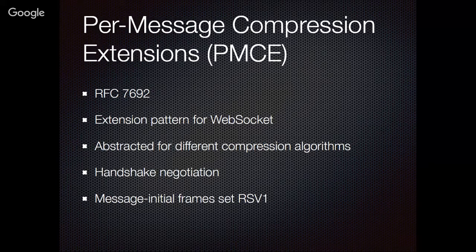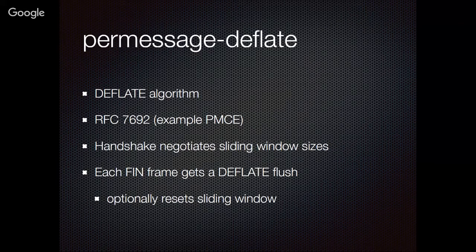So even if you negotiate the compression, you can still send messages uncompressed, which is useful for kernel applications because you're probably going to send one byte at a time as the user is pressing keys.